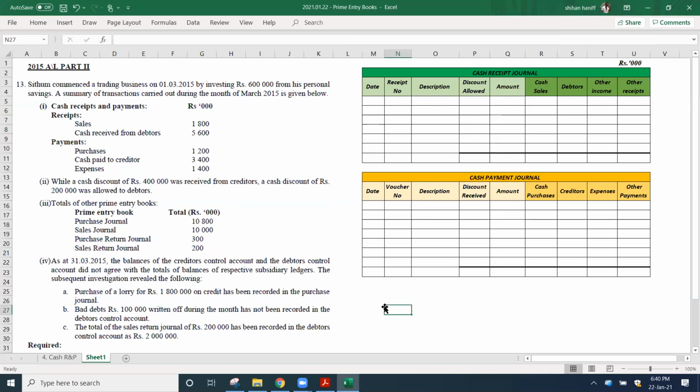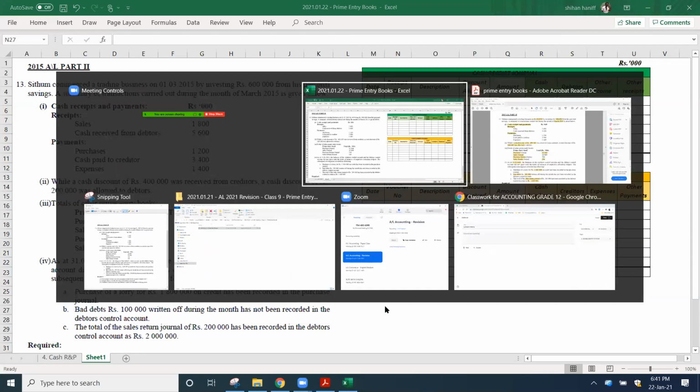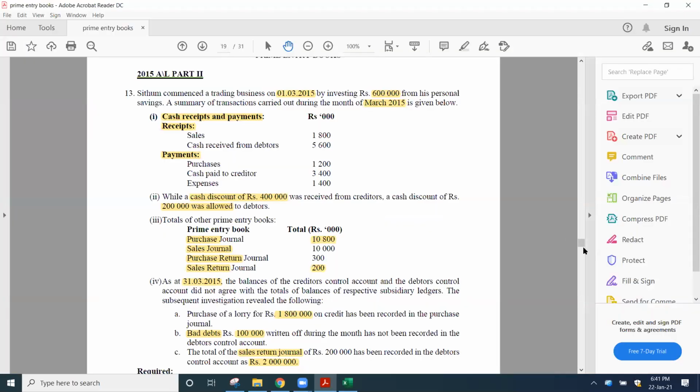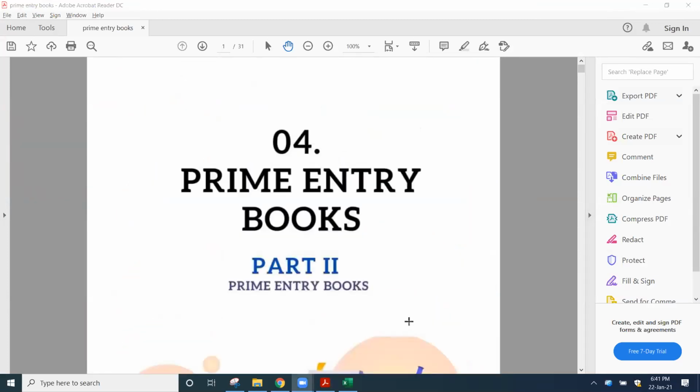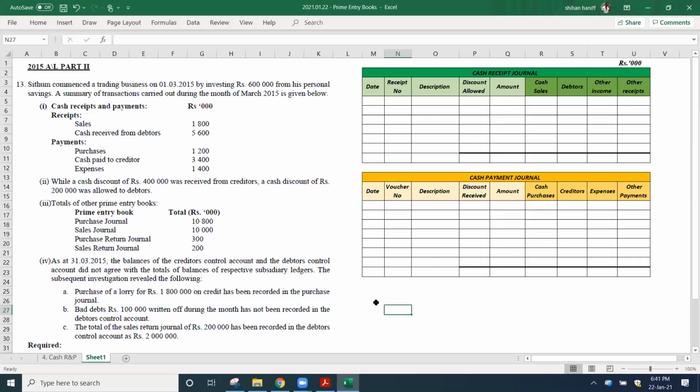This is note number 2. Prime entry books, part 2. Part 2, question number 30. So this question is in prime entry books tute. Prime entry books, part 2.